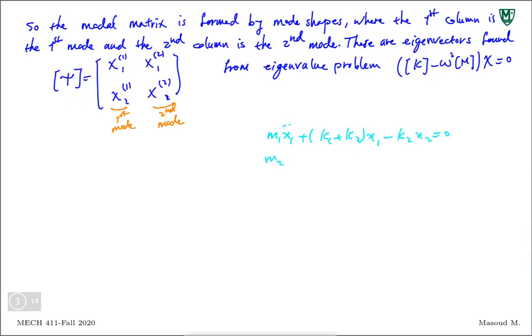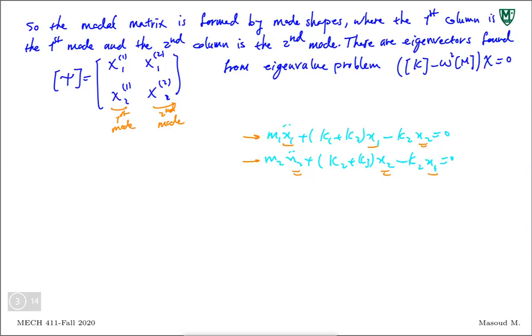Then the second one was something like k2 plus k3, for some given system, times x2 minus k2 x1 is equal to 0, something along that line. Now these equations were coupled. Look at them: in the first one we have x1 and x2, and in the second one we also have x2 and x1.